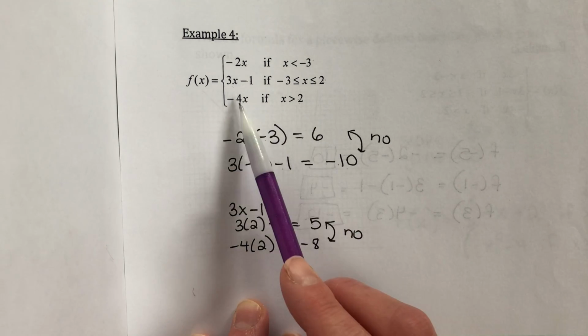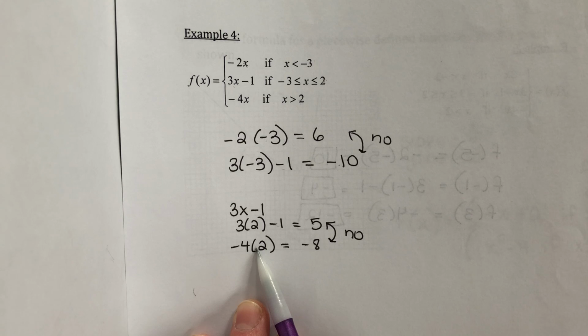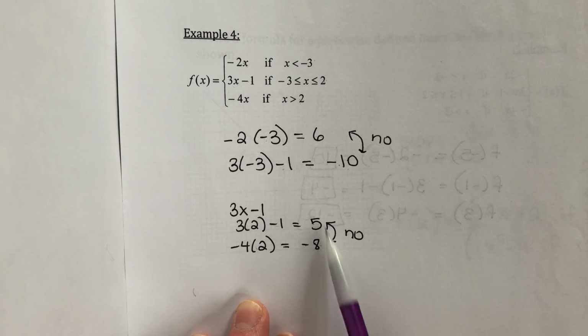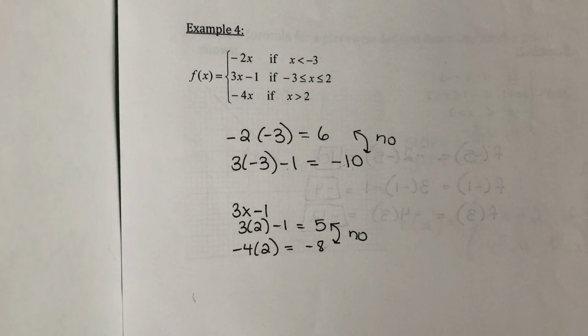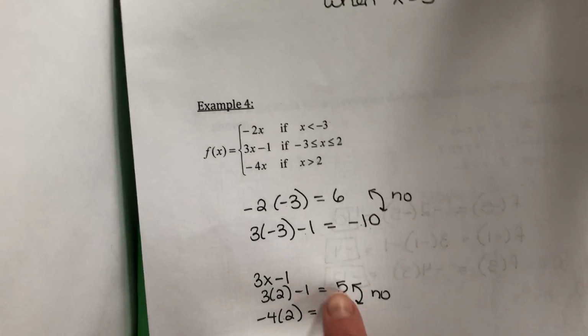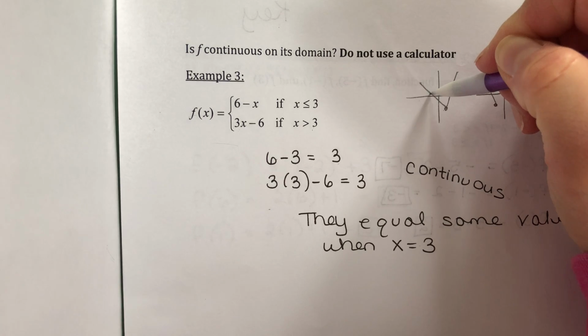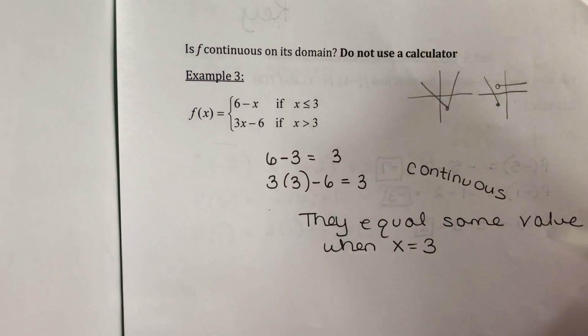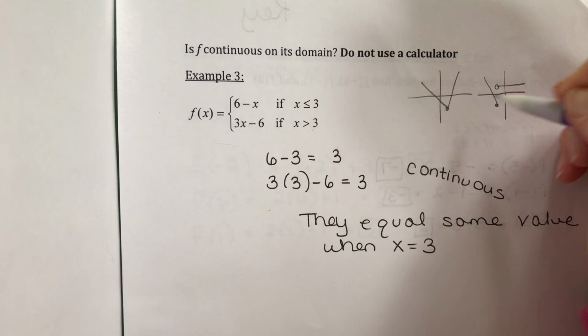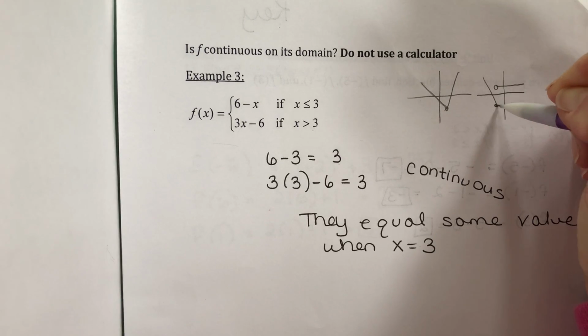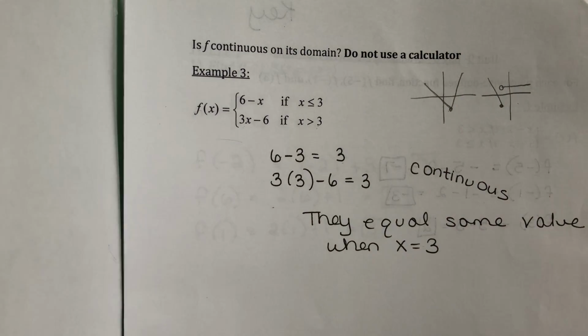When I plug the 2 into -4x, that's here, I get -8. It's not the same number, therefore it's not continuous. I cannot, for this example, trace over the graph with my pencil without picking it up, okay? This is our discontinuous example once again, and that's our continuous example.